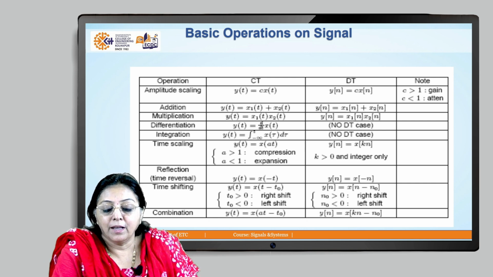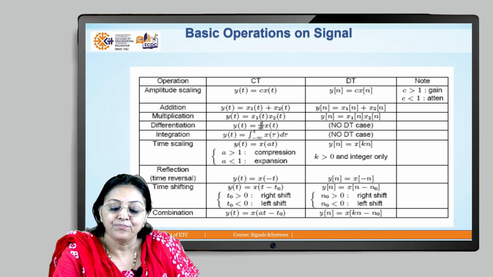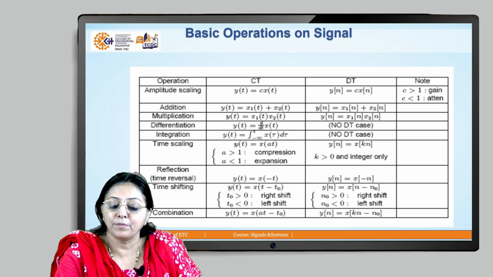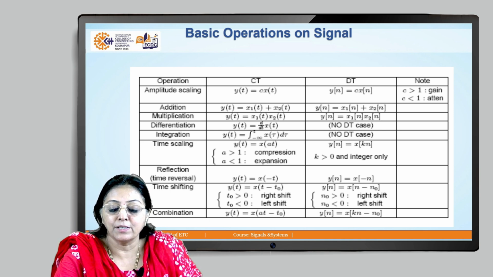For example, x(t - 2) means the signal x(t) is shifted by 2 units towards the right. If it is x(t + 3), the signal is shifted towards the left side by 3 units.